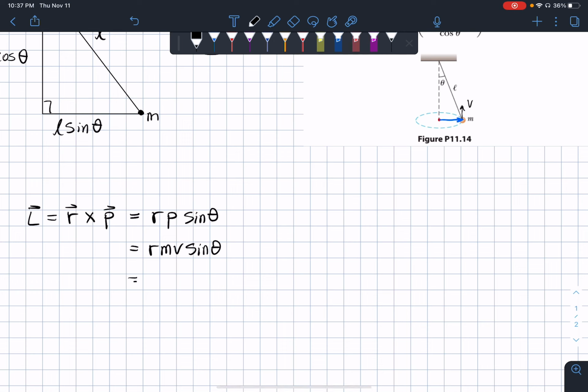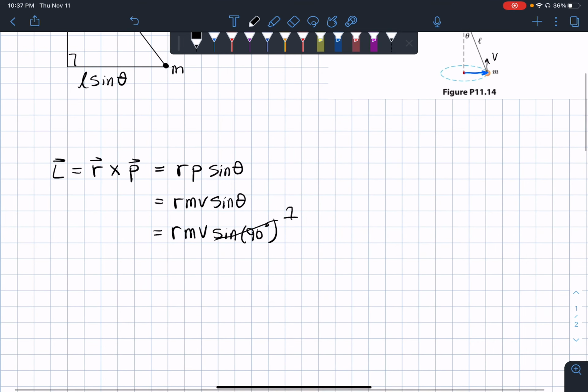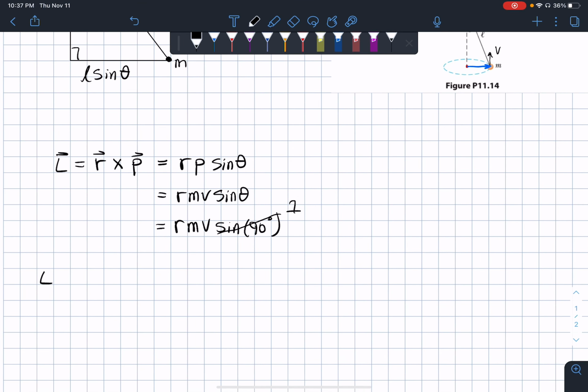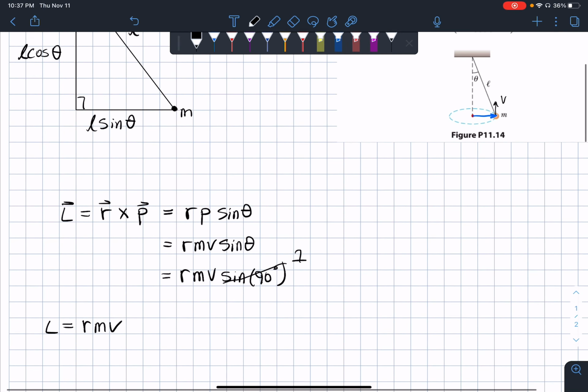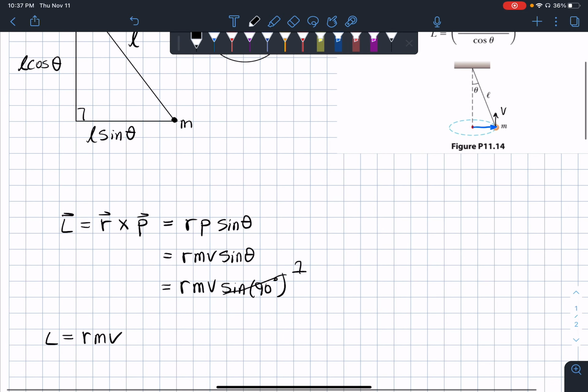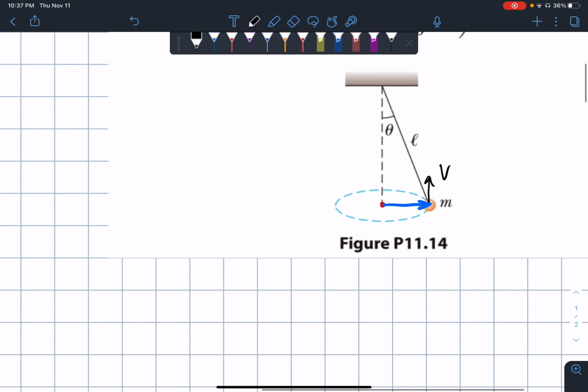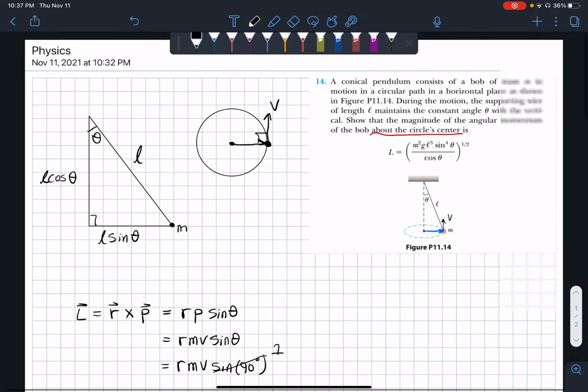So rewriting one more time, we'd say r m v sine of 90, which is just 1. So the magnitude of the angular momentum is just r m v. Now r, this blue vector that I drew, is just the radius of the circle.